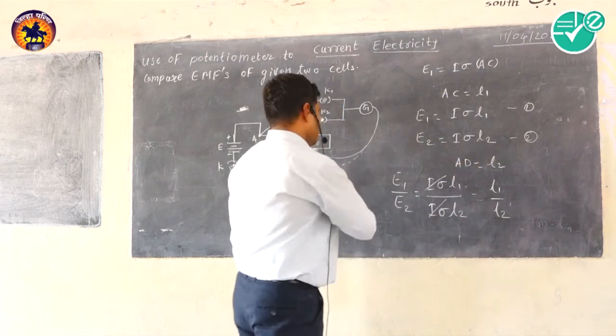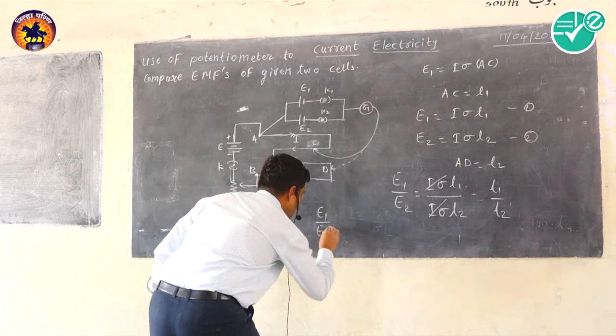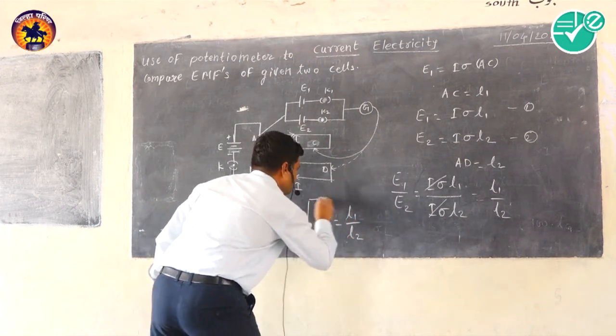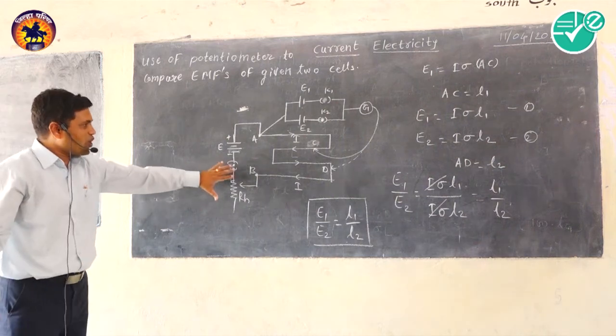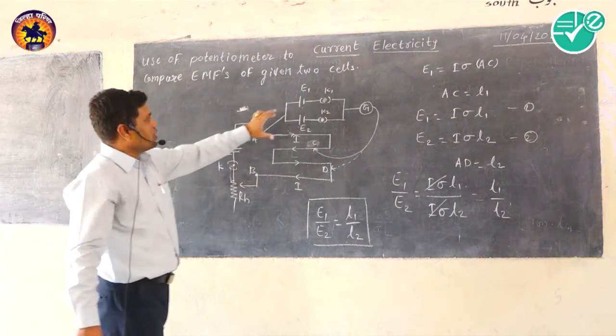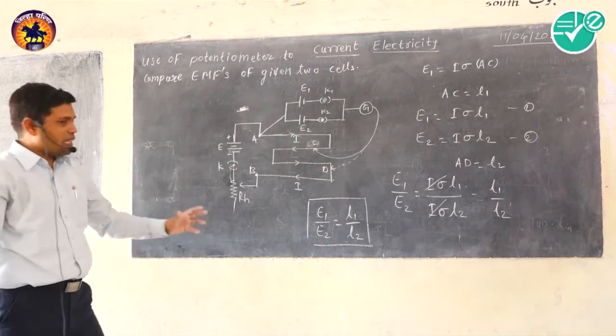So the ratio that we have got after comparison of the two cells is E1 upon E2 equals L1 upon L2. In this way we can use the potentiometer to compare the EMFs E1 and E2 of two given cells.